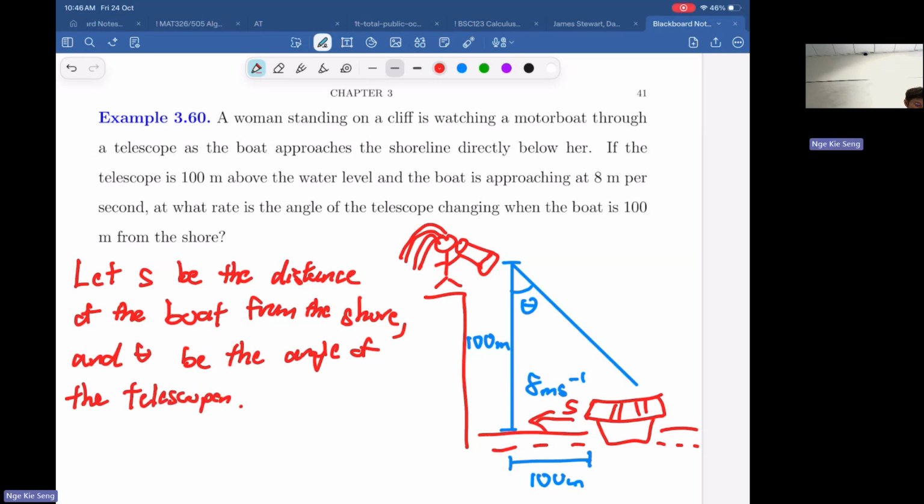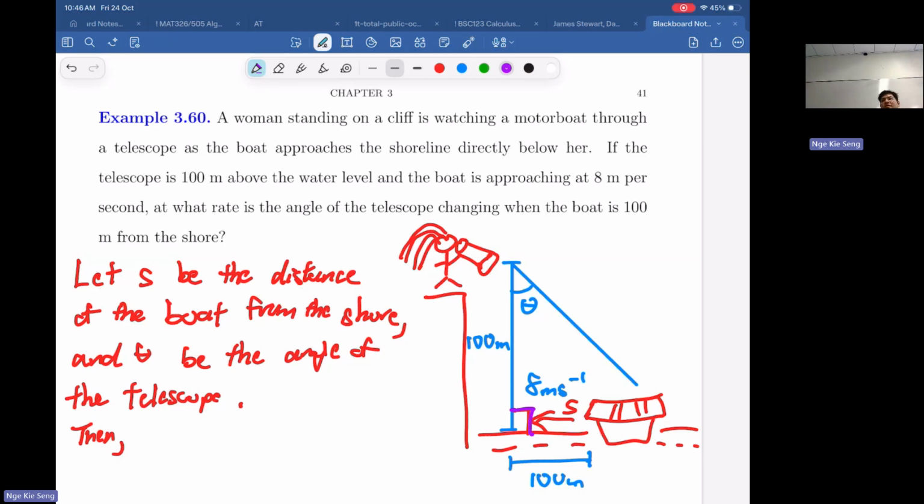So what's the relation between angle and distance here? Anyone know? There's another right angle triangle here, right? You've got the opposite side and the adjacent side.